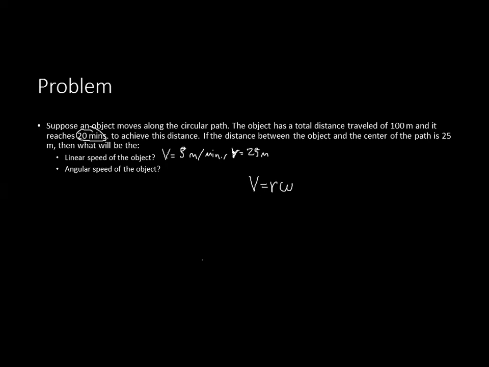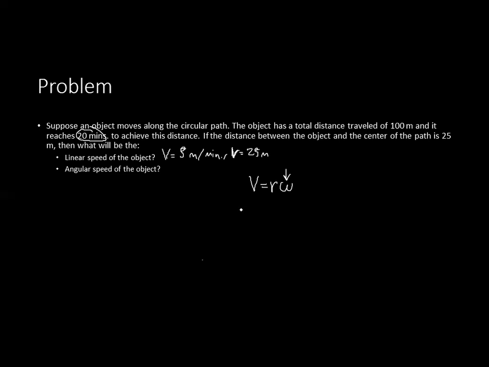Basically, they're both given. But this one is missing. So we can actually use this formula to find the angular speed, since two of these variables have their own given.